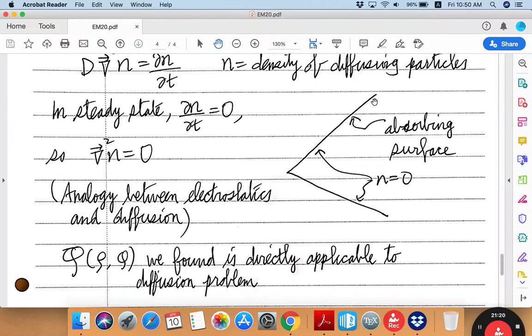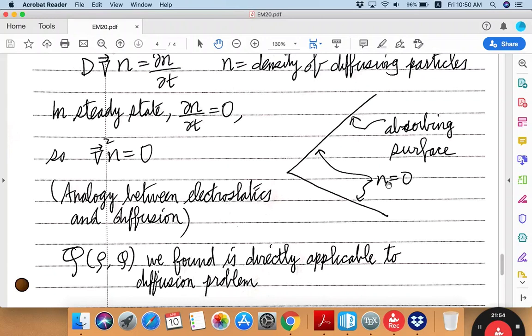So, for example, imagine this sharp bend of material, and this material is designed in such a way that it absorbs all the gas molecules. For example, it could be the surface of some absorbing material, which is designed to absorb all the nanoparticles that can hurt our lungs in the air.